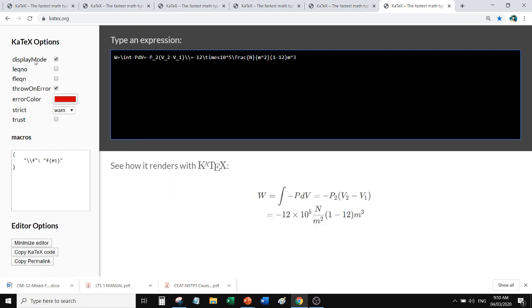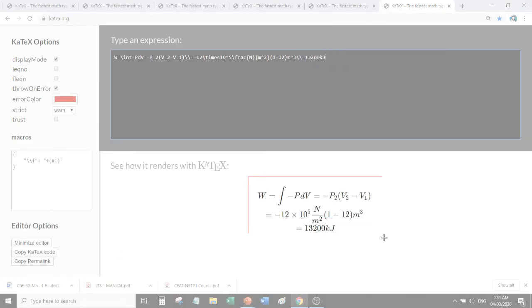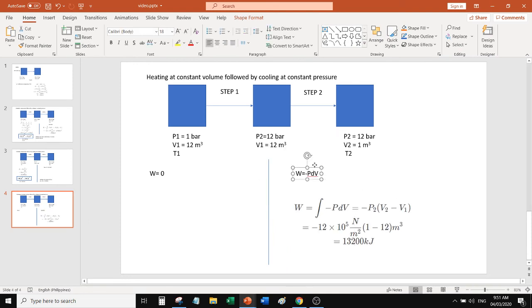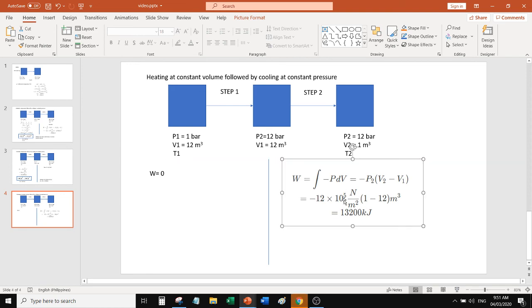Meter squared will cancel, so we'll get 13,200 kilojoules. And that is the work for step 2.